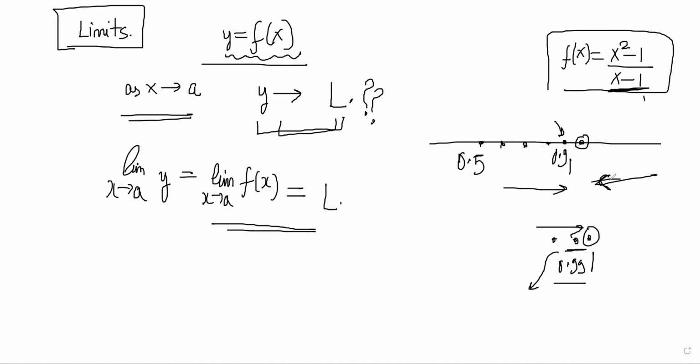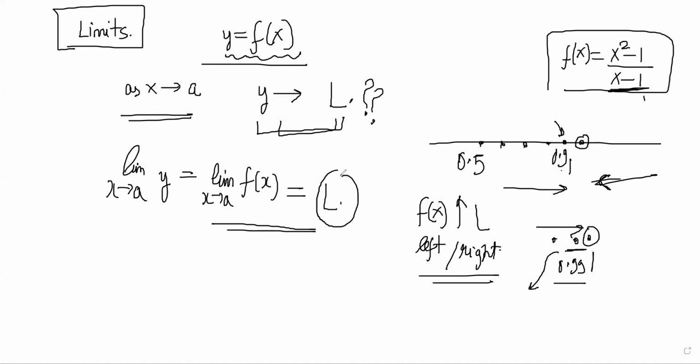So if both of the times when it is coming closer to a, the f of x value tends to some L value, both from the left and from the right, that basically tells us that the function is approaching a limiting value, or the limit of the function is L as x tends to a. Do you understand what I'm saying?